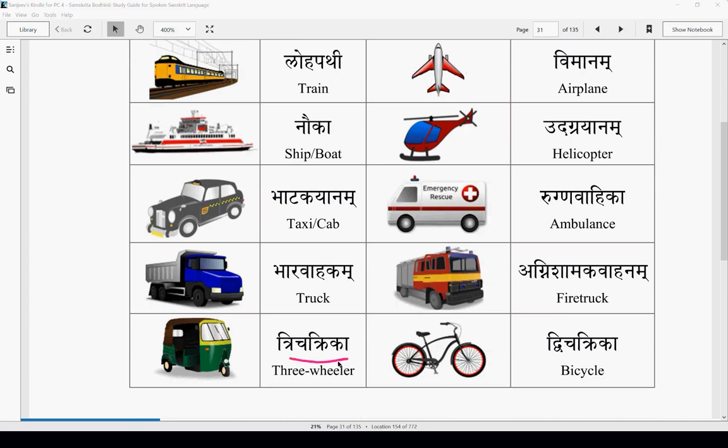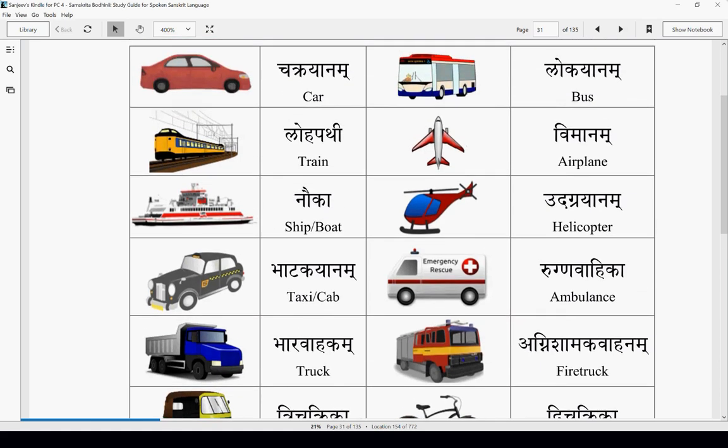Similarly, we have Trichakrika, three-wheeler. This chakra is being used just to make it easy to know that it is Trichakrika. Dvichakrika. If you call it Dvichakra Vahanam, that is also correct. It's not that we must use Dvichakrika only. Dvichakra Vahanam, Trichakra Vahanam, that is fine.